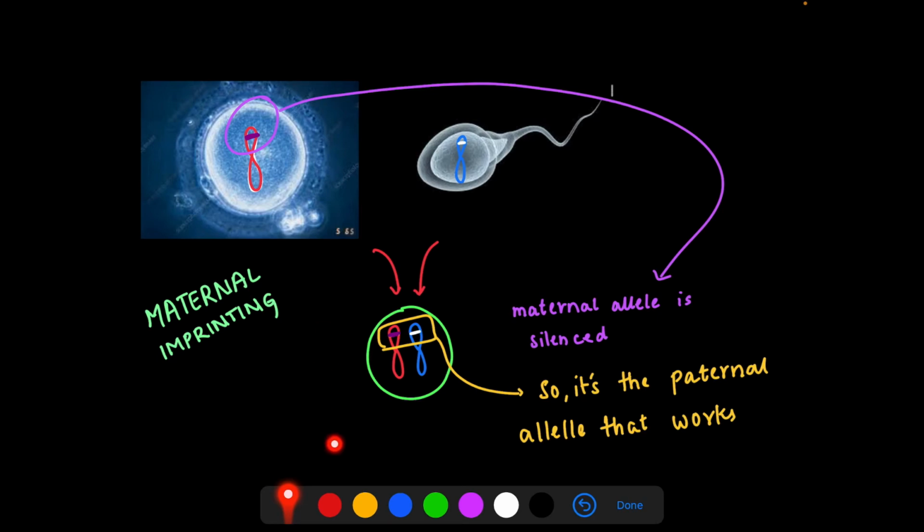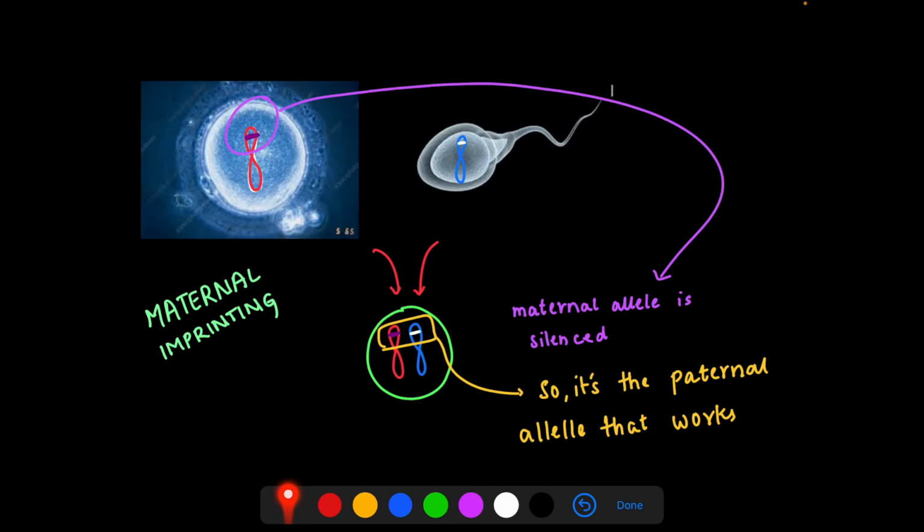So, the resultant zygote will have one allele that is functional and one allele that is silenced. Since it's the maternal allele that is silenced, it is known as maternal imprinting.